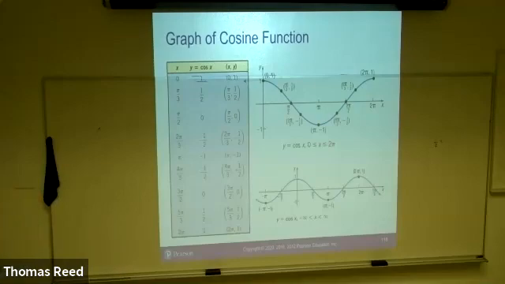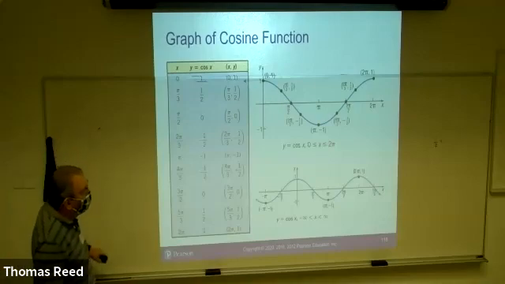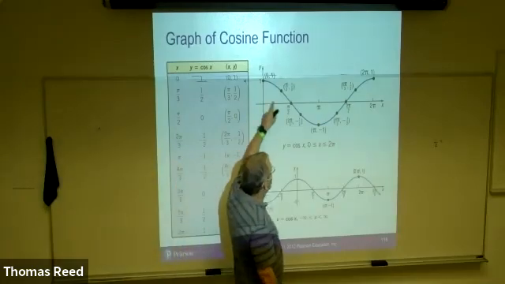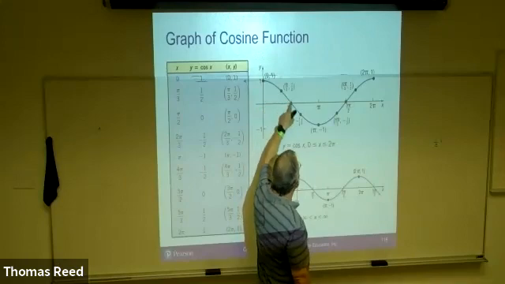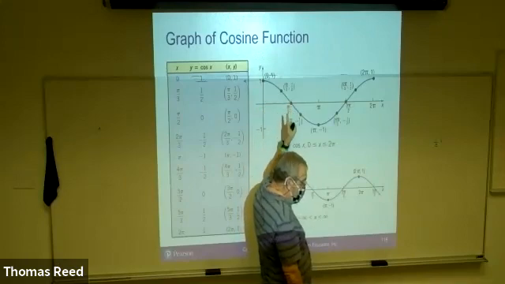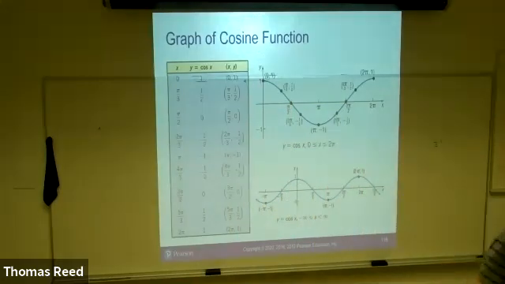And so you're just taking that chart you built up from the unit circle and graphing the angle with the cosine value, just like we were graphing the sine.